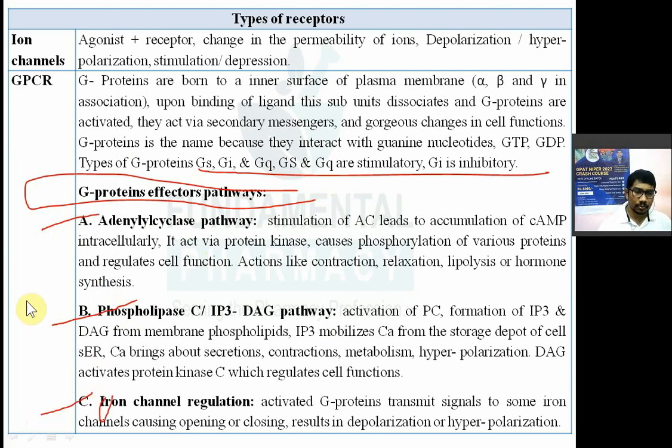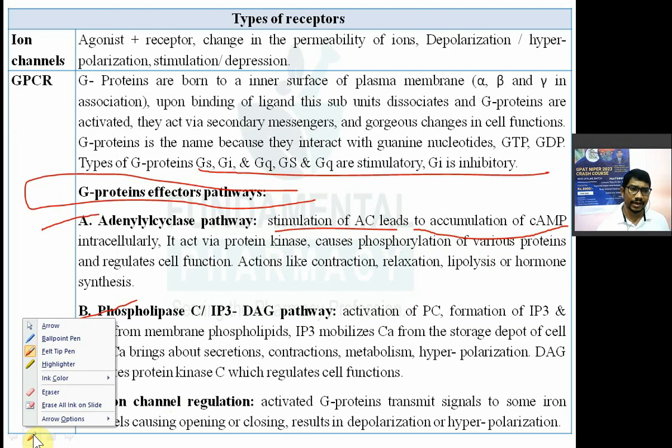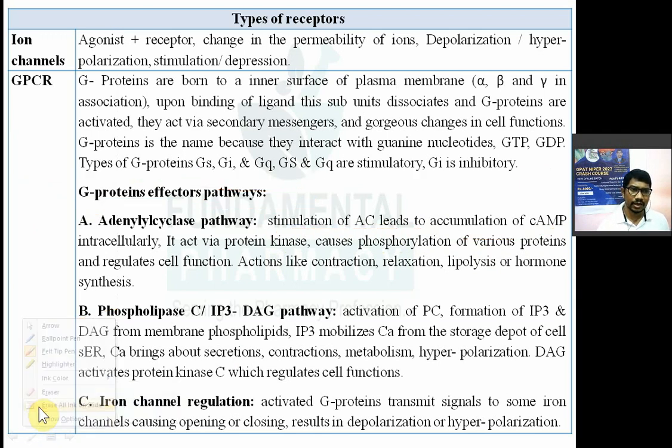So first pathway is the adenyl cyclase pathway. Agent which combines with the GPCR then stimulates the adenyl cyclase, and stimulation of adenyl cyclase causes accumulation of cyclic AMP inside the cell. जो drug या फिर जो भी agent या फिर जो भी ligand है, so that will bind to GPCR. Okay, will dissociate the subunits.